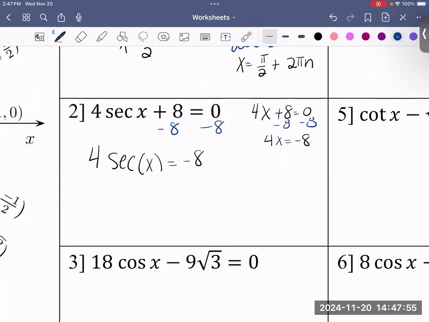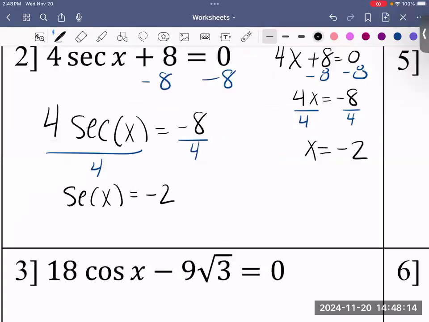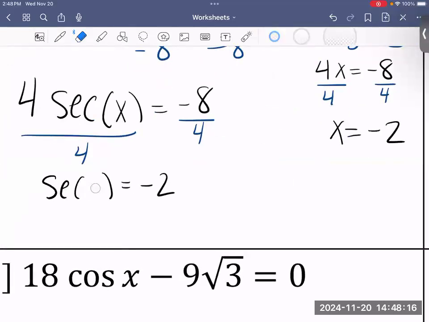Then we would say, okay, well, maybe we divide by 4. Therefore, x is equal to negative 2. So for us, again, divide by 4. So now we're at secant of x is equal to negative 2.